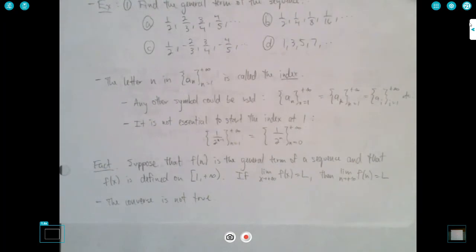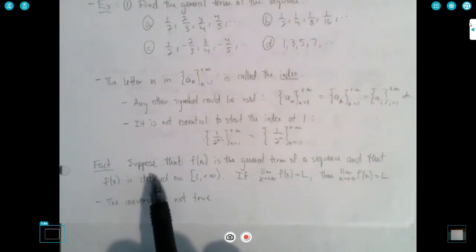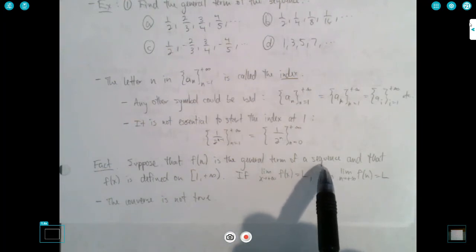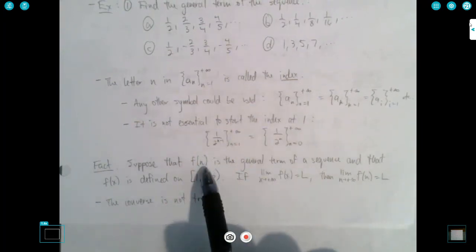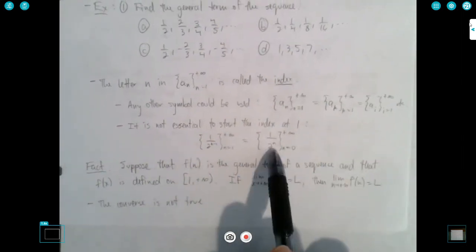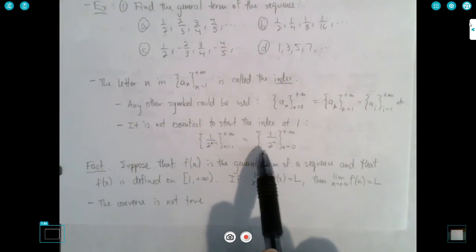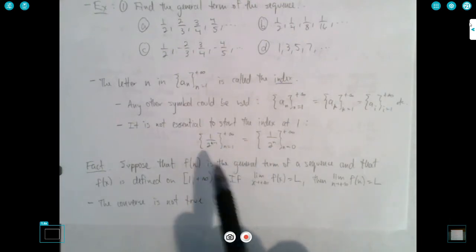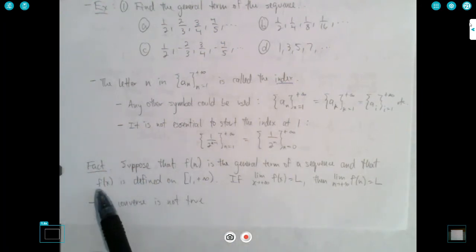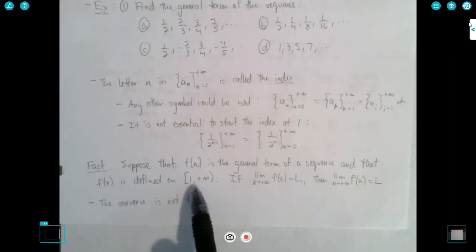Anyway, now suppose that f(n) is the general term of a sequence. We usually use a_n to represent the general term, but really you can think of these like functions. They're just functions where the inputs are integers. But anyway, let's say f(n) is the general term of a sequence, and that f(x) is defined on the entire interval of real numbers from 1 to positive infinity.